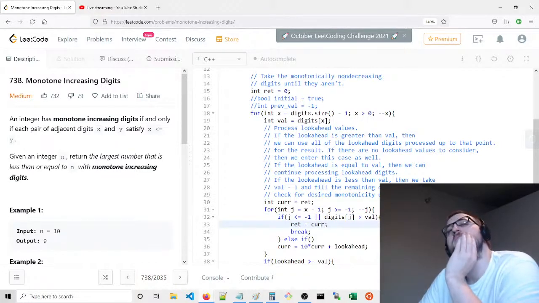Now, the tricky thing there is I have this digit that we're looking at. We have this look ahead.